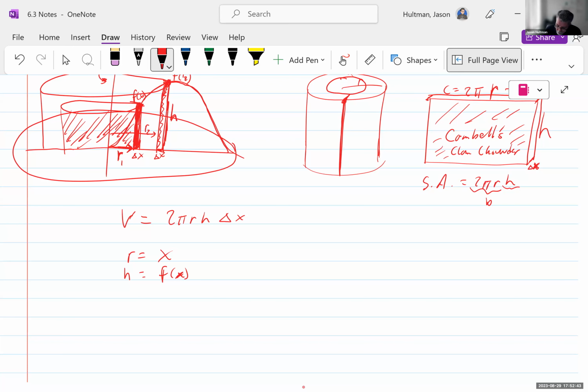Our volume is equal to 2 pi times my radius, 2 pi r h delta x. But now we're going to use calculus to integrate all of these infinite surface areas. We're going to say this is going to be the integral of this stuff.